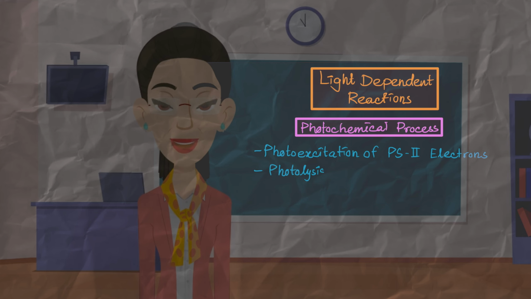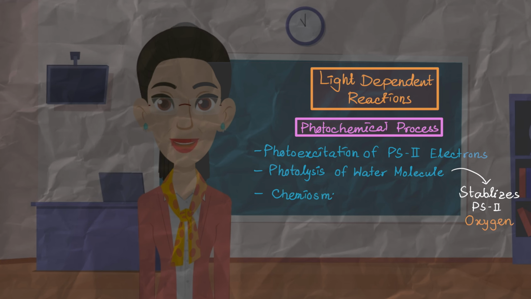Then there is photolysis of the water molecule in the light-dependent reaction, which produces electrons for photosystem 2 and oxygen. Third, in the electron transport chain, chemiosmosis occurs and generates ATP. Finally, we have the reduction of NADP plus to NADPH.